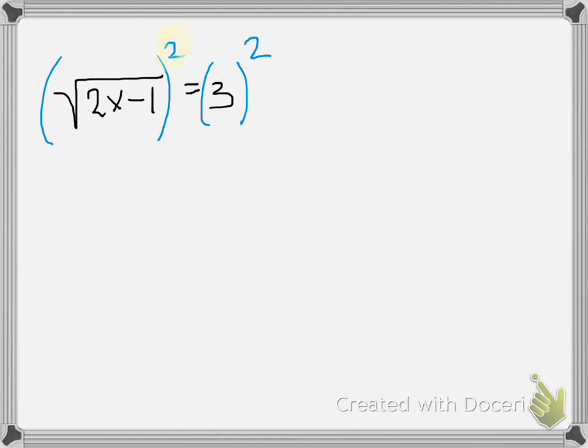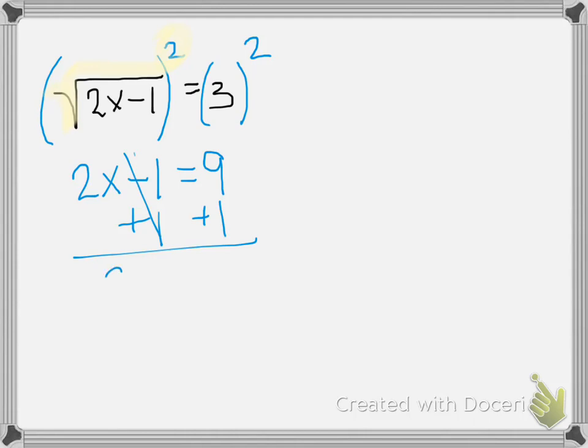Again, my squared and my square root, or my radical, will cancel. I'll get 2x minus 1 equals 9. Now I can just use my basic algebra, add 1, and solve, and get x equals 5.